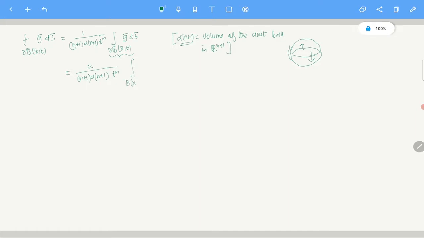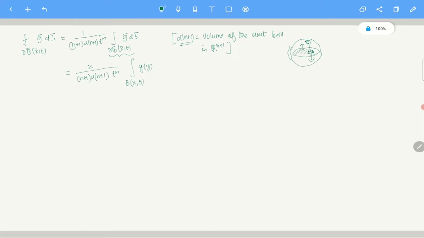We are coming from some certain volume element here, so a certain surface element here, and I am projecting it to something over here, right? So what happens, if you remember, this can be written as g of y, because on the ball B(x,t) in the lower dimension, just in this dimension.